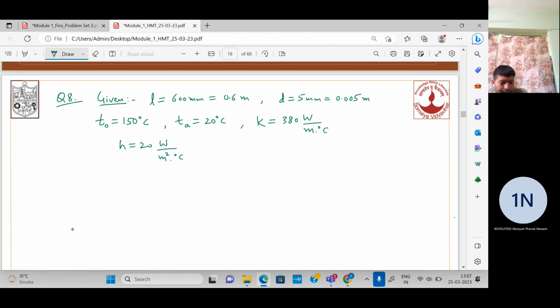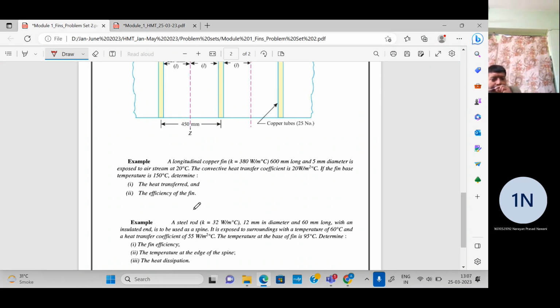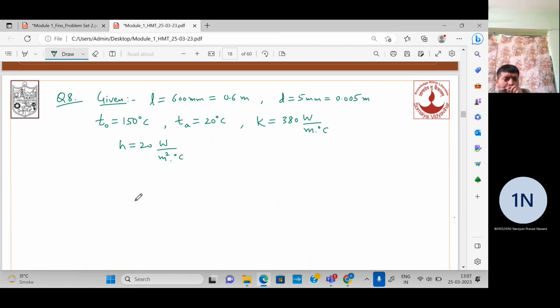Now what we have to find is the heat transfer and efficiency of the fin. You can see the length is given as 0.6 meters, so here case 2 is the suitable choice. So we'll take case 2.